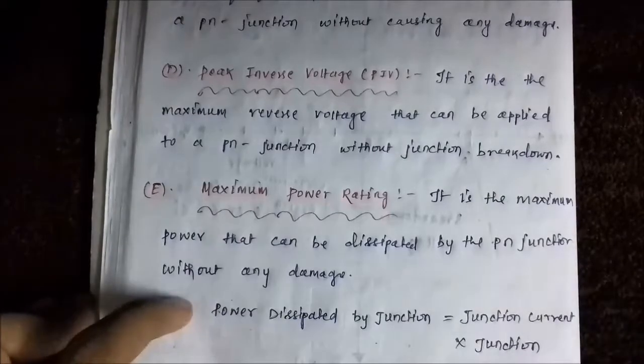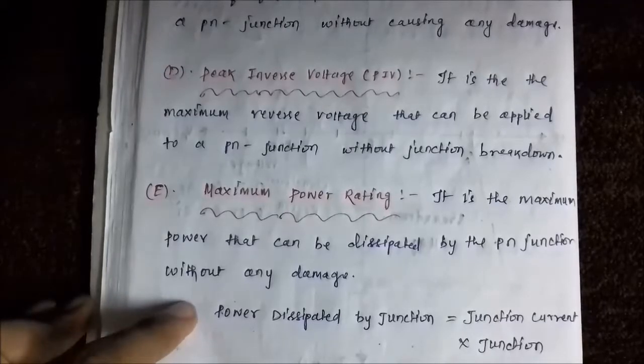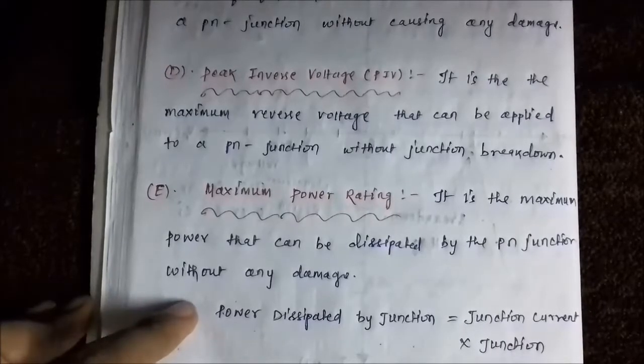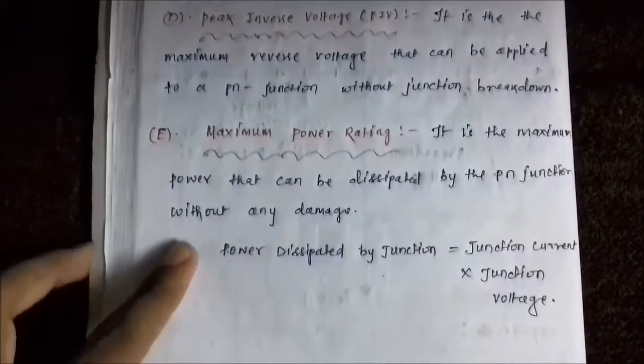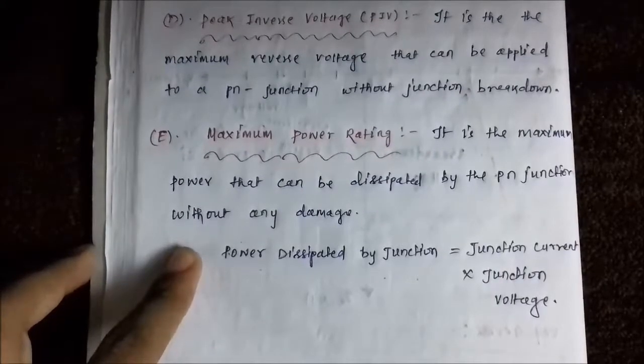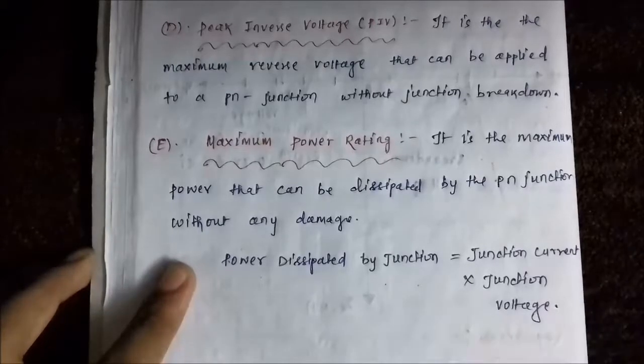It is the maximum power that can be dissipated by a PN junction. It is the product of the junction current, or the current flowing through the junction, and the voltage applied across the junction.